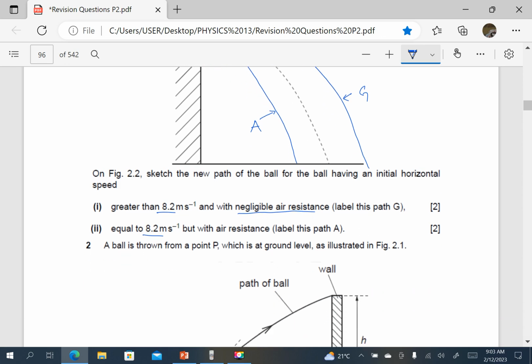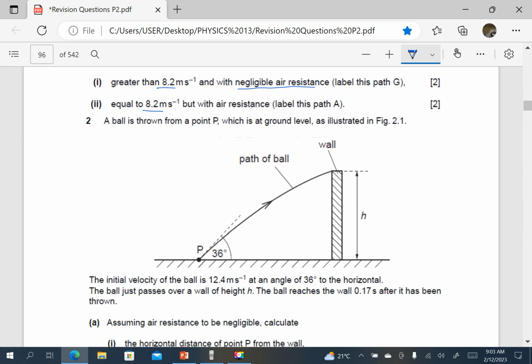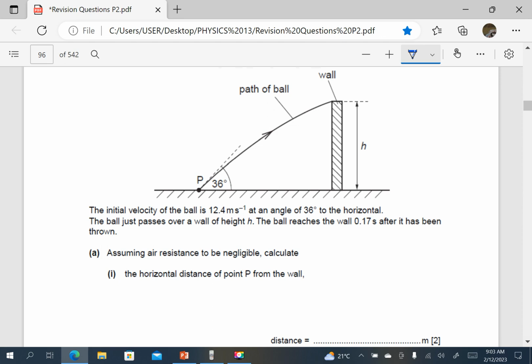So that is it. Next, a ball is thrown from a point P, which is at ground level, as shown in the figure. The initial velocity of the ball is 12.4 meters per second.